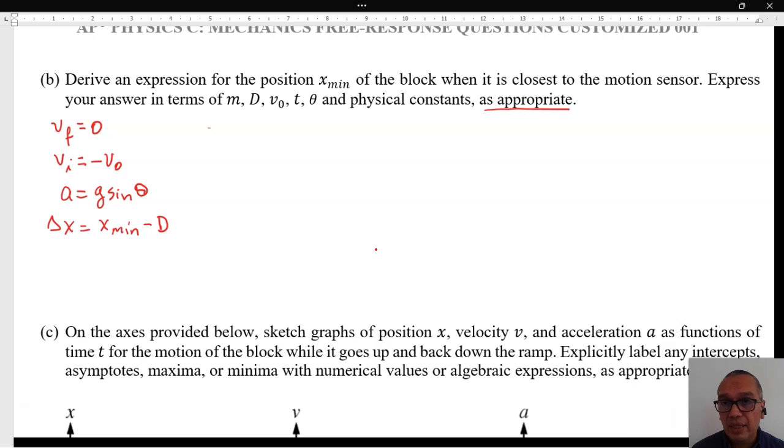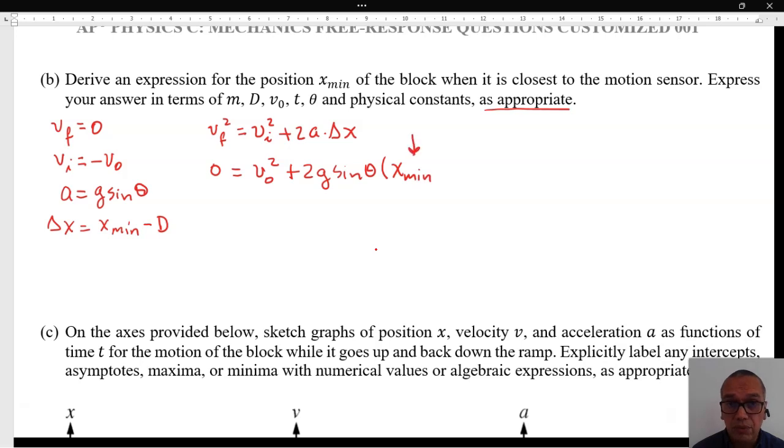You have that the final speed squared is equal to the initial speed squared plus 2 times the acceleration times the displacement. And in this situation, you get 0 is equal to v naught squared. Remember that if you square it, the sign goes away, plus 2g sine of theta times x min, which is what you want, careful, minus d.